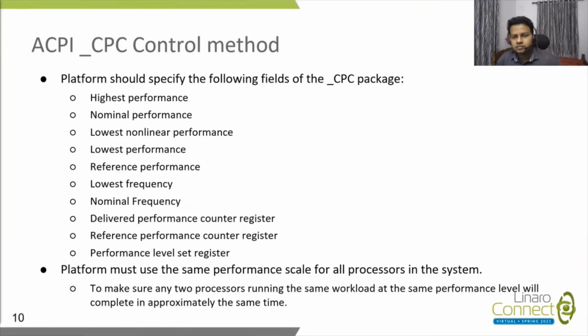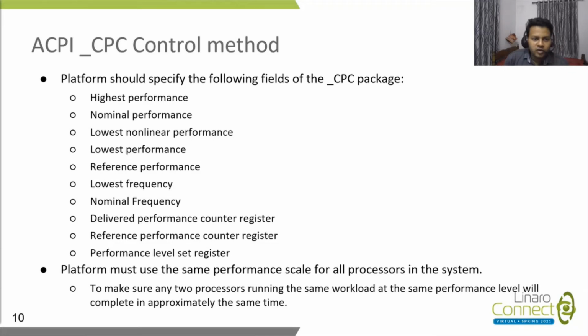The previous slides discussed the CPPC overview and the components involved in monitoring and controlling the performance for ARM-based platforms. Moving ahead to the software implementation, the CPC control method under the CPU object should specify the fields from the highest performance till the nominal frequency.